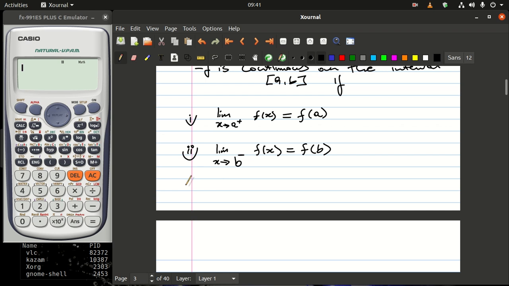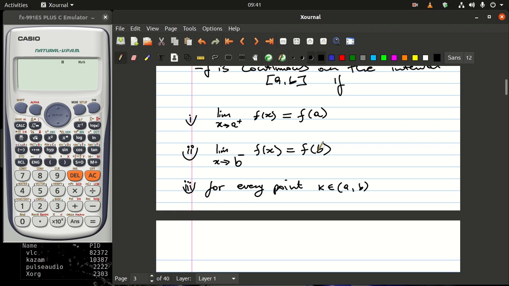The third one is this: for every point k, where k is in the interval (a, b). Note that I'm not using square brackets because I've already covered the endpoints.